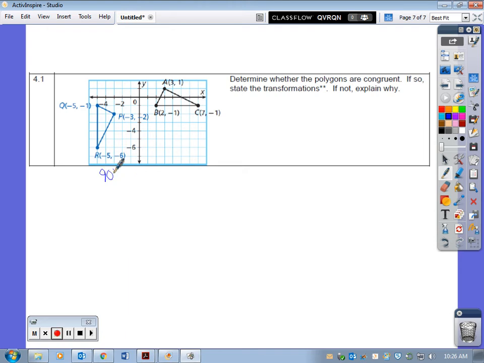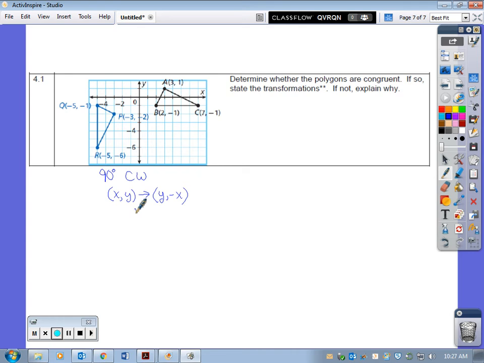We're going 90 degrees clockwise to get it there. Looking at your summary of transformations, we know that a rotation 90 degrees clockwise is (x, y) goes to (y, -x). Okay, so our x and our y change places, and our x changes to negative.